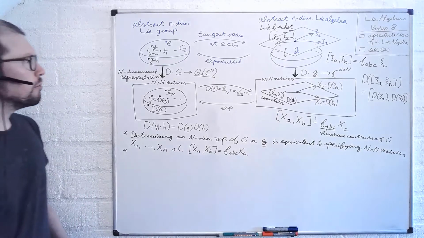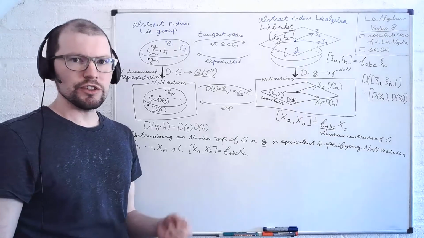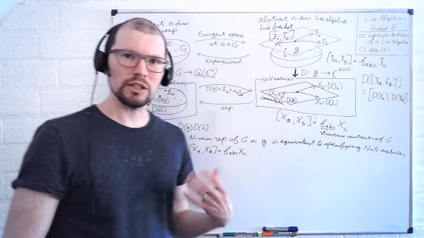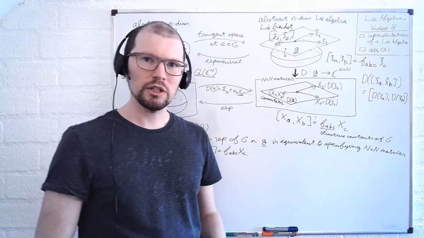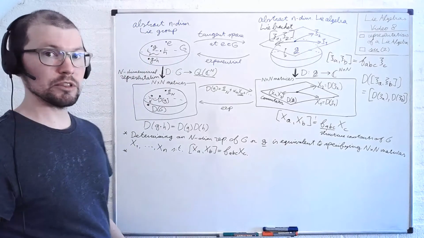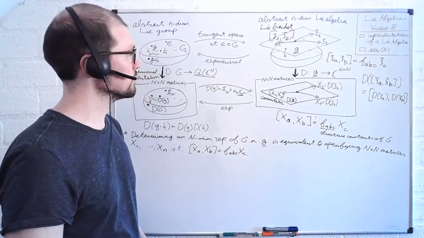Now we want to classify representations of Lie groups, and as we've already seen for the finite groups, the way to go about this is not to classify all representations, but to start with the irreducible ones, because general representations can be built out of irreducible representations.